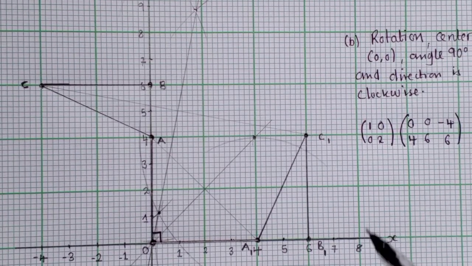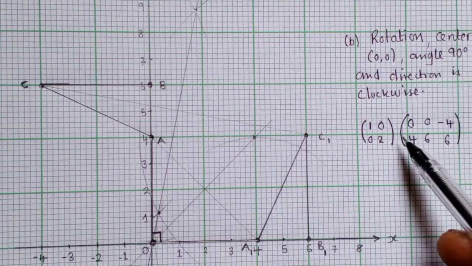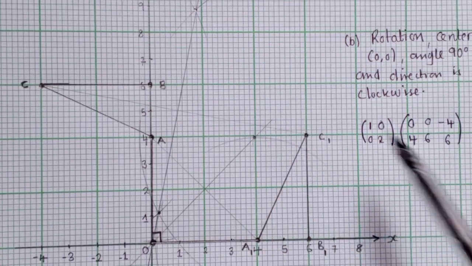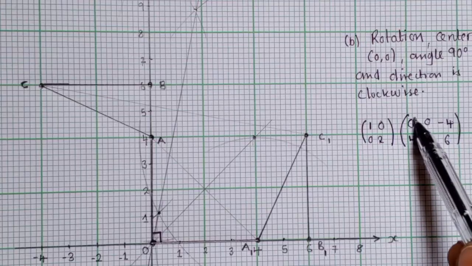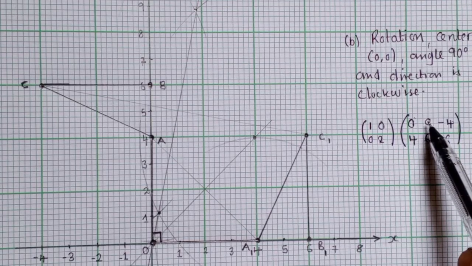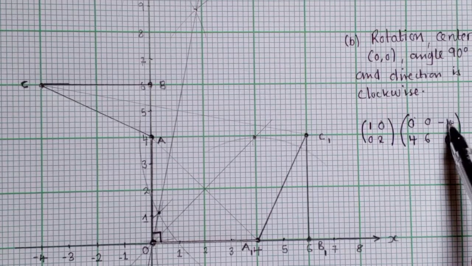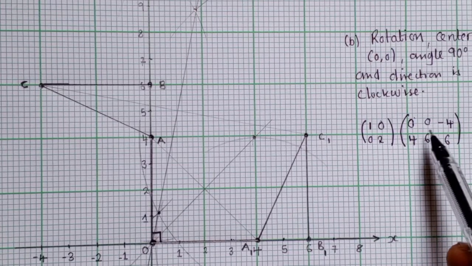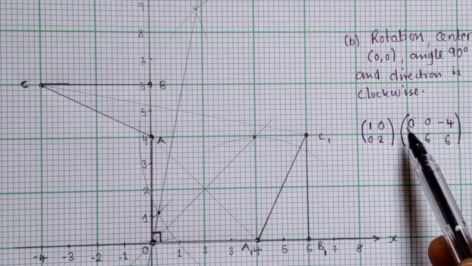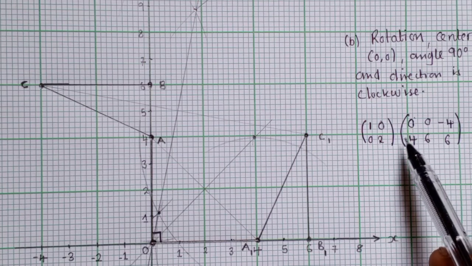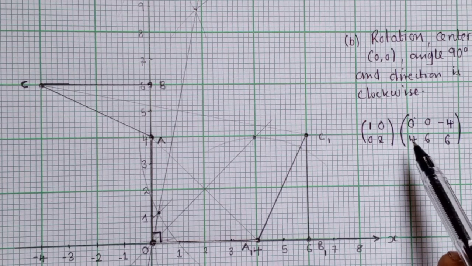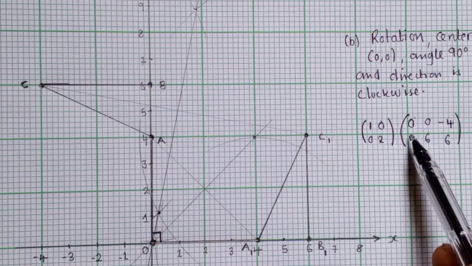So when you're writing, if you want, you can just go to the question, check the question on top. They have given us A is 0, 4, B is 0, 6, and C is negative 4, 6, like this. Okay. So just multiply this. When you multiply this, it will give you the coordinates of the shape that we're looking for.